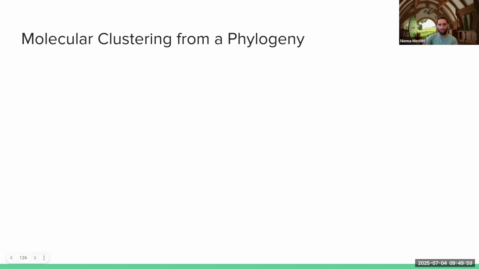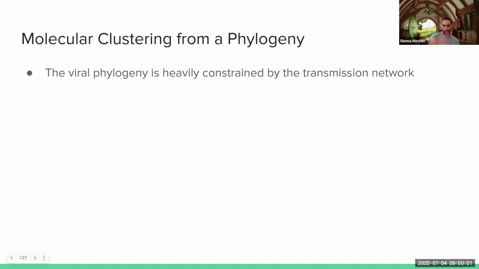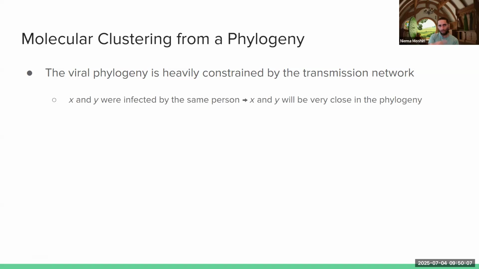What if I have an evolutionary tree? So as you saw earlier, the evolutionary tree is very heavily constrained by the transmission network. So if X and Y are infected from the same person, and I have this evolutionary tree of all the genome sequences, X and Y are going to be very close together on that evolutionary tree. On this global evolutionary tree, they're going to be next to each other.